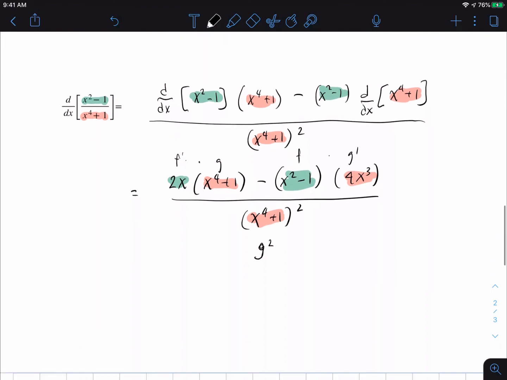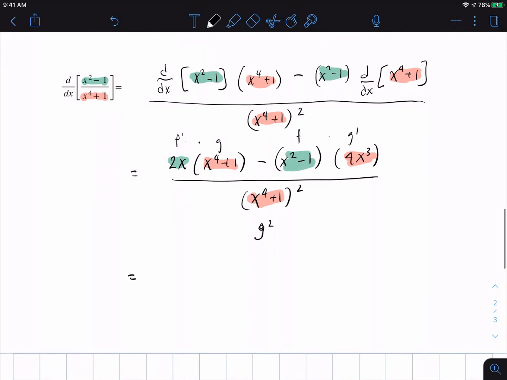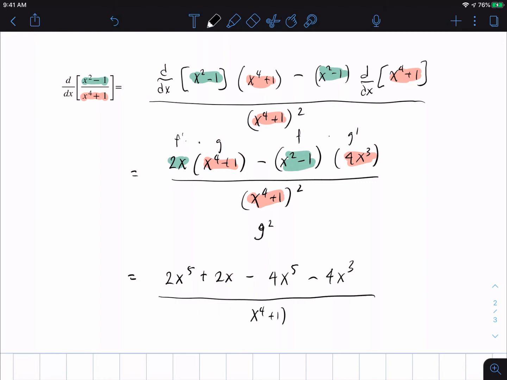Okay, so then I'm going to expand that, and I'm going to get 2x to the fifth plus 2x minus 4x to the fifth minus 4x to the third, all over x to the fourth plus 1, that quantity squared.